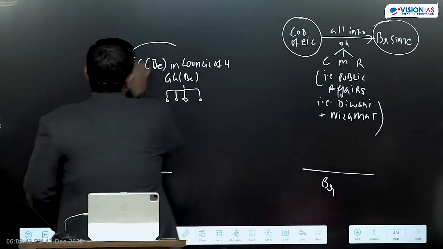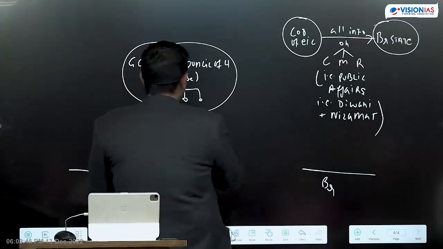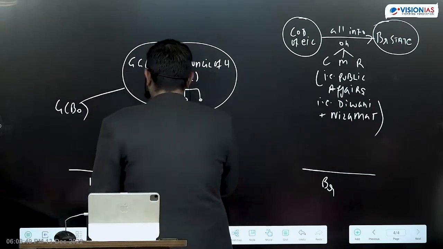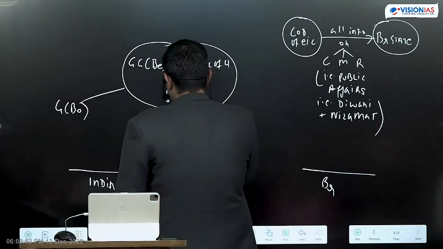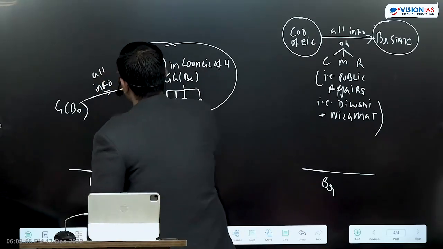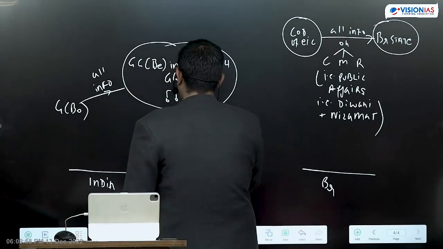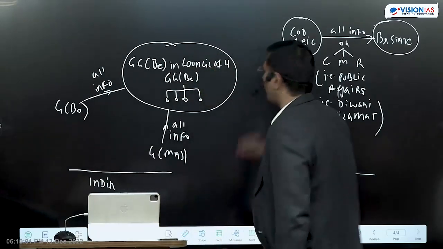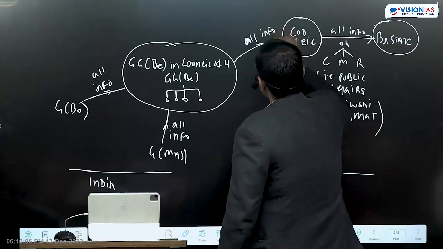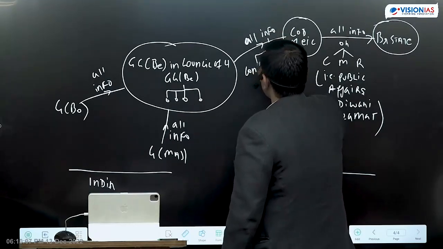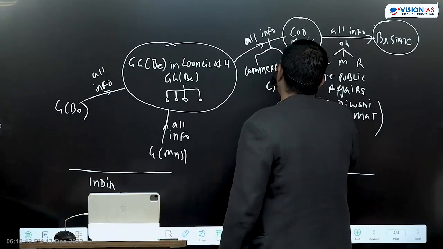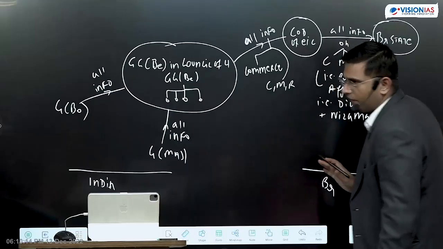And this GG Bengal will collect information from the Governor of Bombay and from the Governor of Madras, right? They will send all information, not just CMR matters, but CMR plus commercial matters. These people will send all information to the COD of EIC from India.